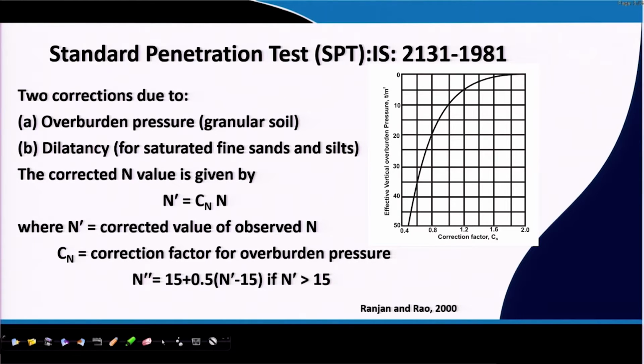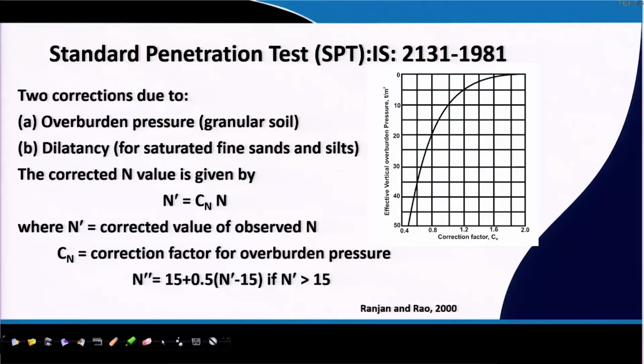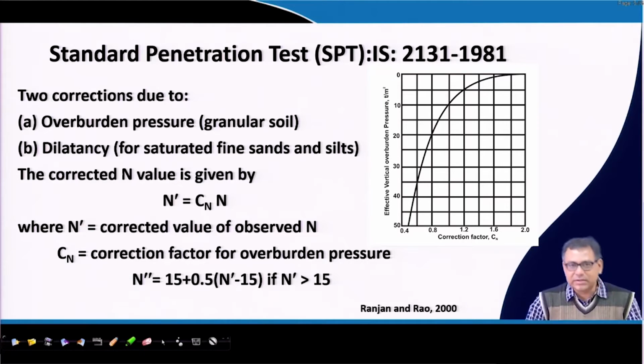Even after application of the dilatancy correction, your N value will decrease. But only if the N dash value is greater than 15 will we apply the dilatancy correction, and why that is, I have also discussed.